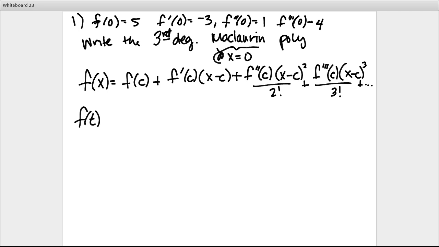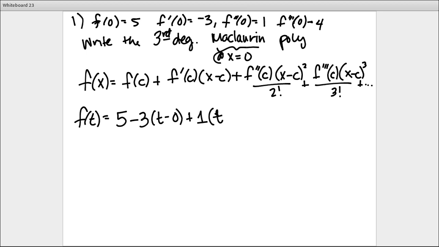So what I've got here is that they wanted to find f of t. And then f at 0 is 5 plus, it's a -3 for your next coefficient, so -3 times t. Okay, so technically it's t minus 0, right?